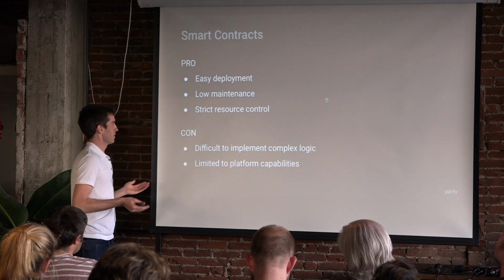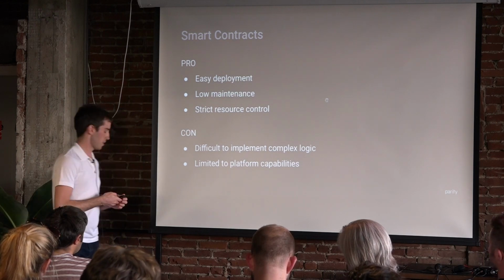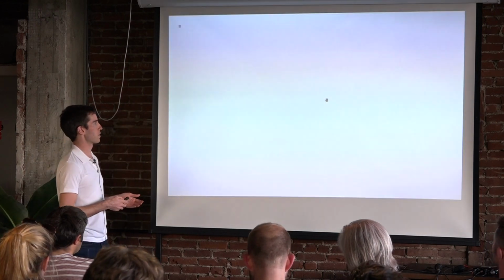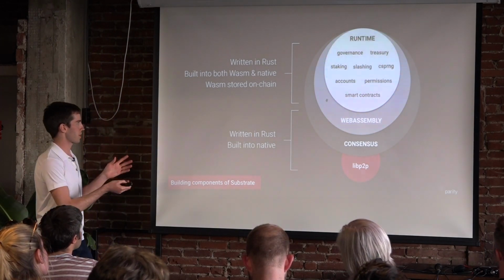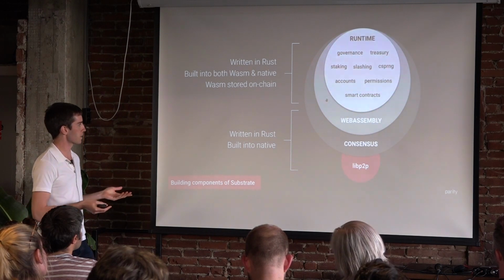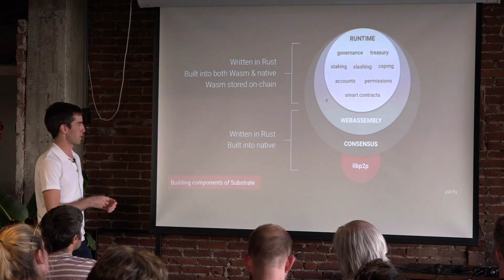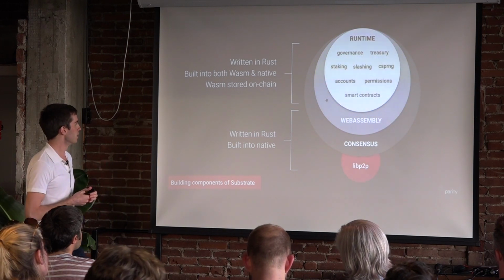You have to keep that in mind when you develop your runtime, which is our word for the state transition function. This is an overview of our architecture. libp2p is networking, and then consensus and the core stuff, and then the runtime sits inside of WebAssembly.